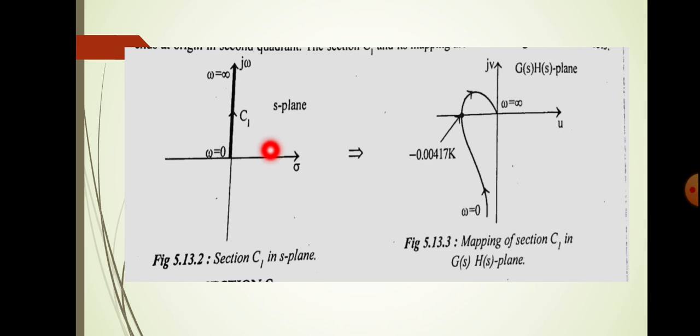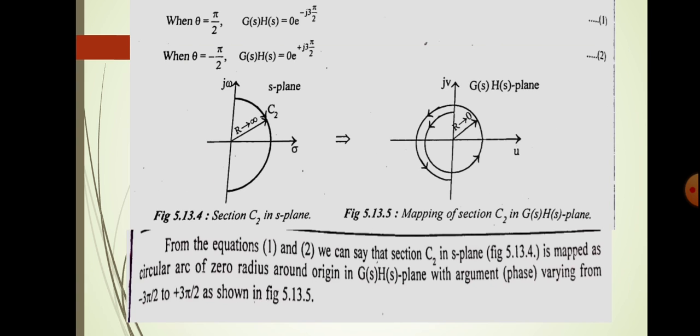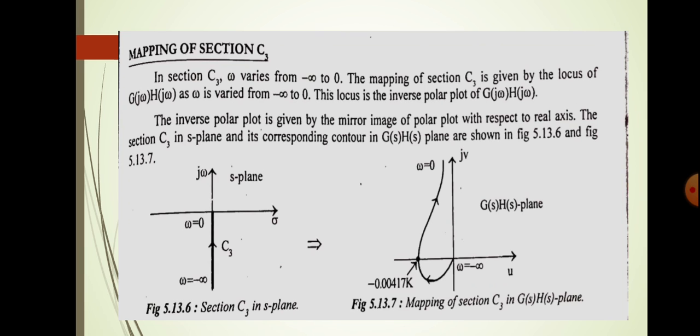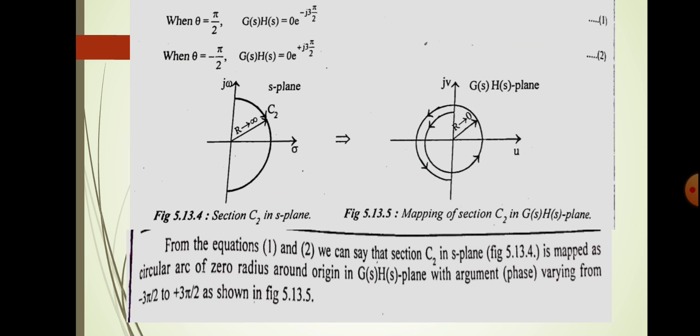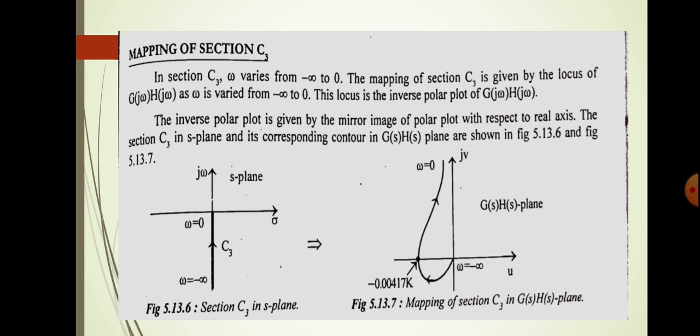And C3 is similar to C1. There is a difference: C3 is like this. That means C3 is the inverse polar plot of C1. So there is no need to go for a lengthy procedure. We can directly draw it from the knowledge of this curve. For C1, the curve looks like this. C3 is the mirror image of C1, so we can draw the mirror image of C1, looking like this.